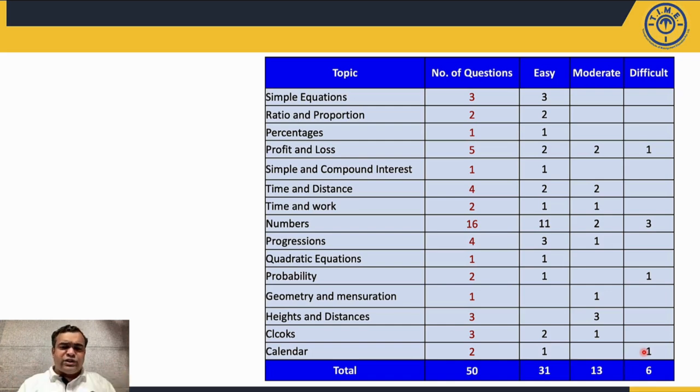So the rest of the areas were all regular types of questions. If you look at the overall structure, the strategy is very clear. Out of 50 questions, around 31 were easy. 13 questions were of moderate difficulty level, but probably the solving time will be higher. A lot of students reported that they took a lot more time to solve this section.